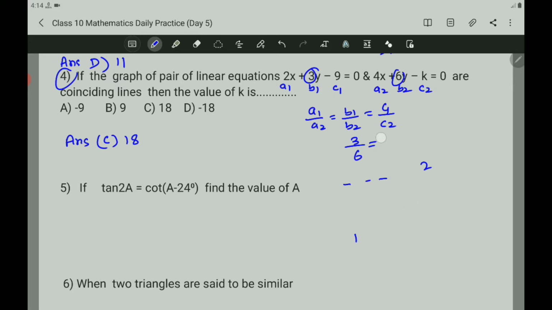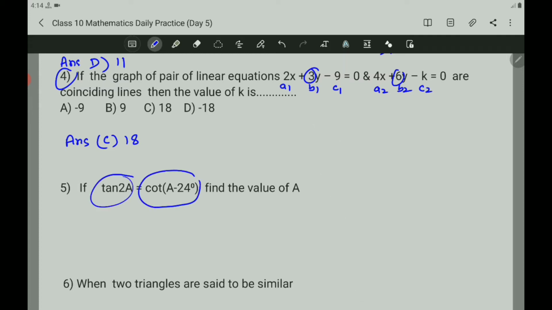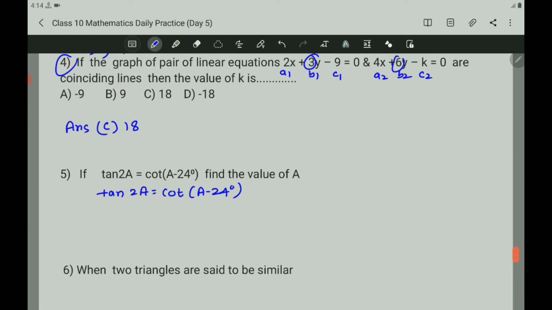Next question, you take fifth question. What is that fifth question? If tan 2a equals cot a minus 24 degree, find the value of a. So write here what is given. Tan 2a equals cot a minus 24 degree.